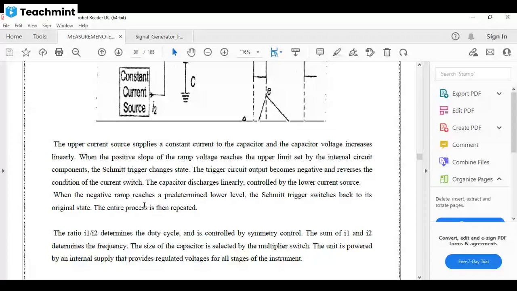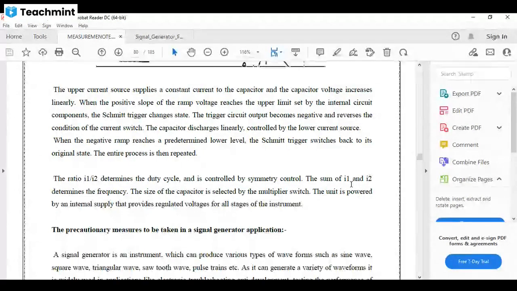The ratio of I1 by I2 determines the duty cycle, controlled by the symmetry control, and the sum of I1 plus I2 determines the frequency.